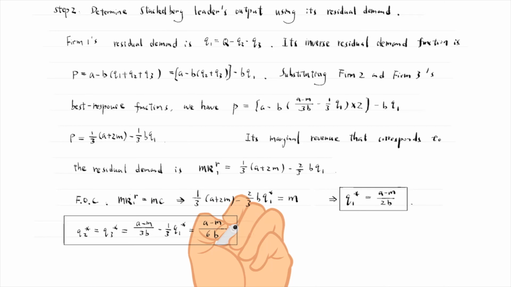Suppose the market demand is linear as P equals A minus B times Q. Firm 1's residual demand is Q1. Its inverse residual demand function is as follows. We can directly write the marginal revenue that corresponds to the residual demand.